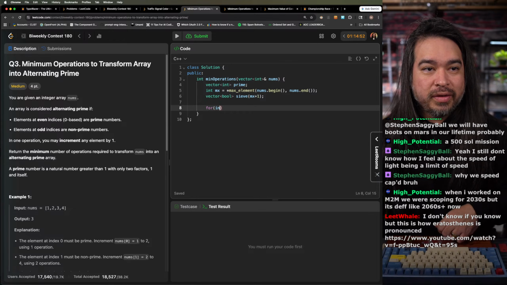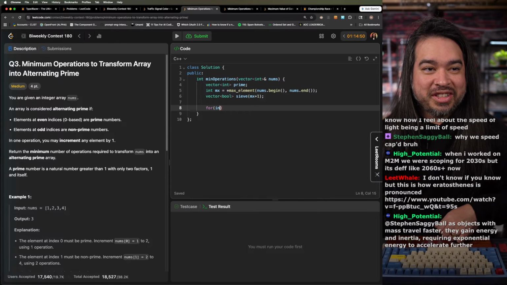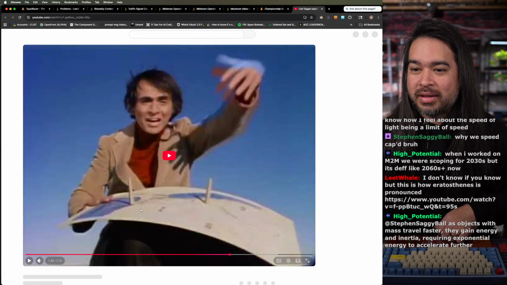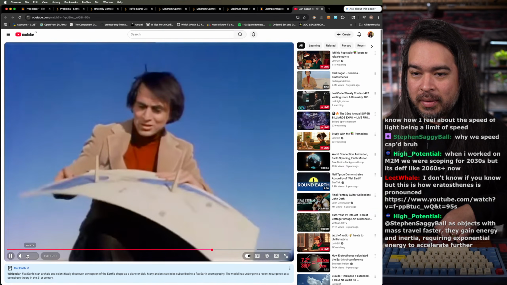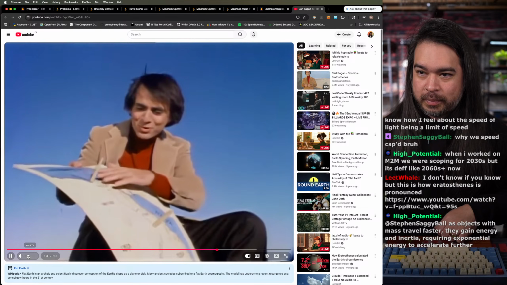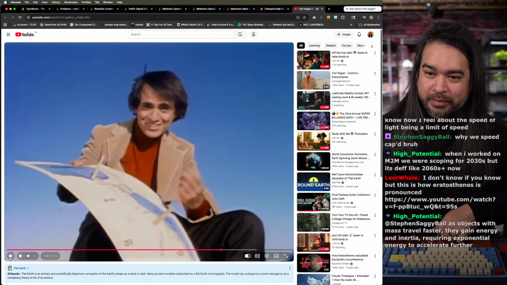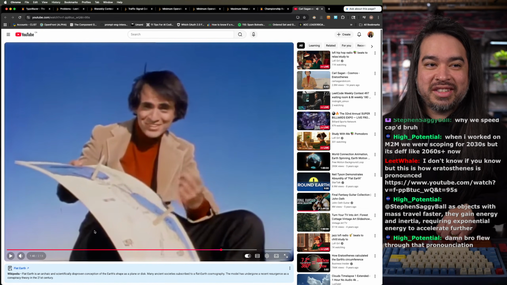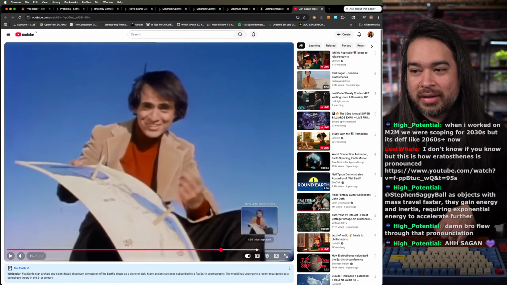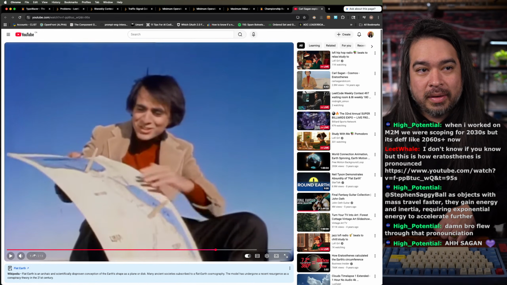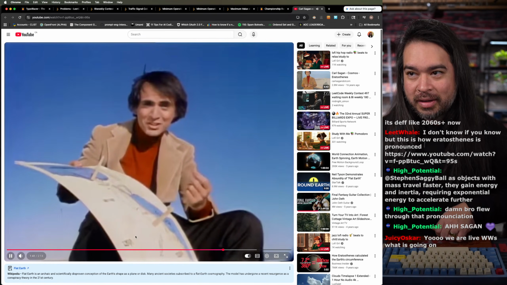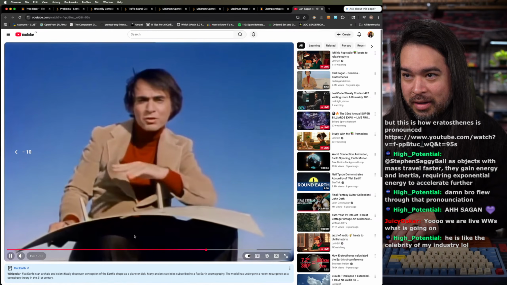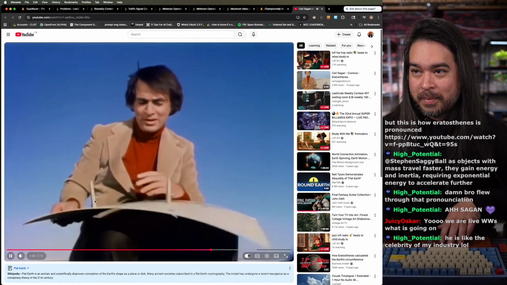I don't know if you know this, but this is how Eratosthenes is pronounced. What is this, man? Eratosthenes knew the distance between Alexandria and Syene. Tosthenes. I don't know if you guys can hear that. The distance between Alexandria and Syene. He knew it was 800 kilometers. He knew the circumference of the Earth, 360 degrees.